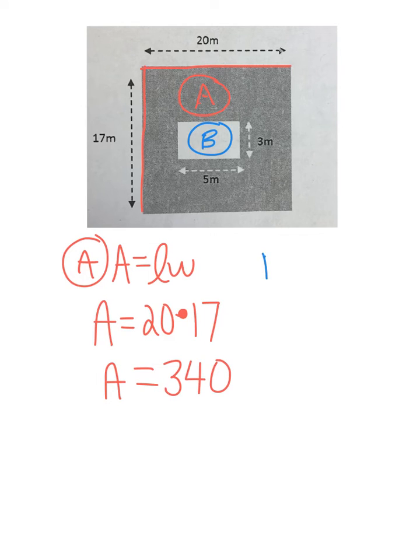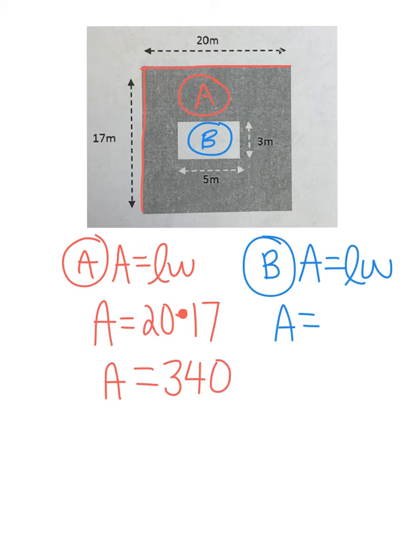Now for shape B, it's a rectangle, so our area is still length times width. In this one, our length was 5, and our width is 3. So 5 times 3 is 15.